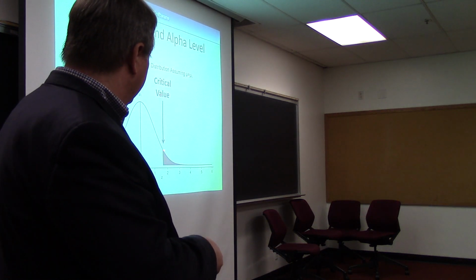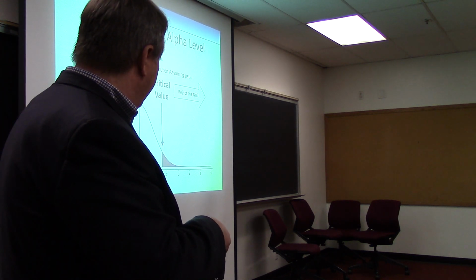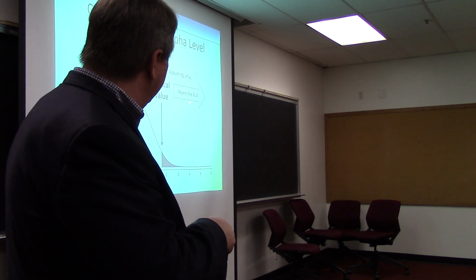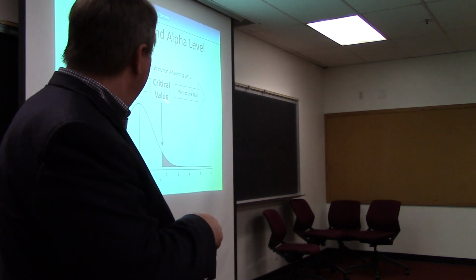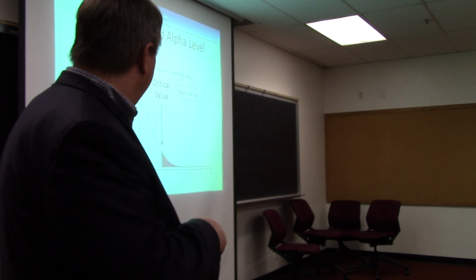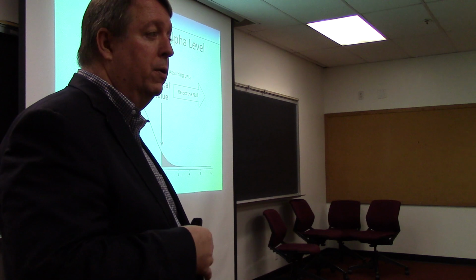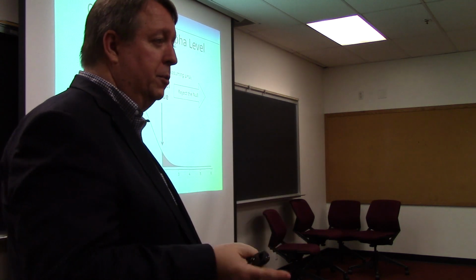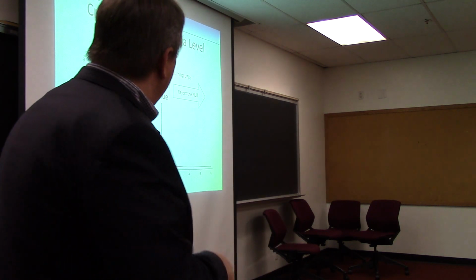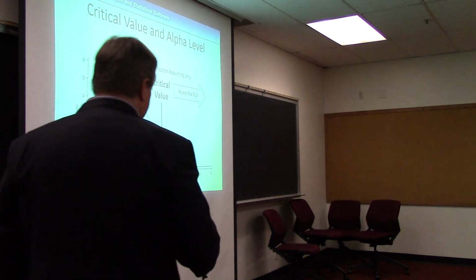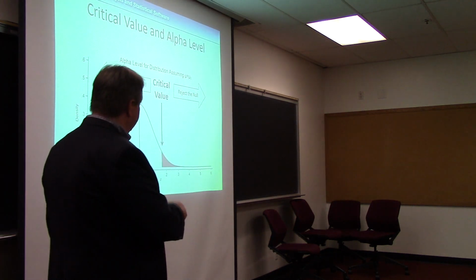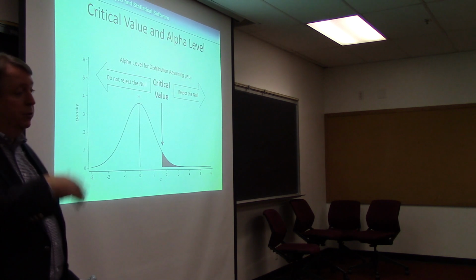If z falls to the right of that critical value, I reject the null. If z falls to the left of that critical value, I don't reject the null. Again, I'm assuming a one-sided test to make this easy for now. The critical value is just a point on the z-axis that's my dividing line between reject or don't reject.